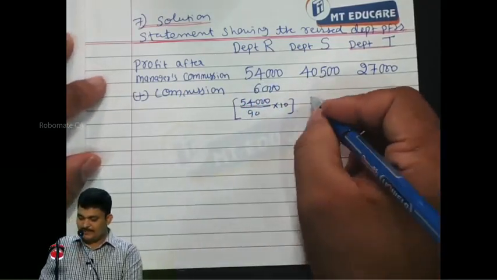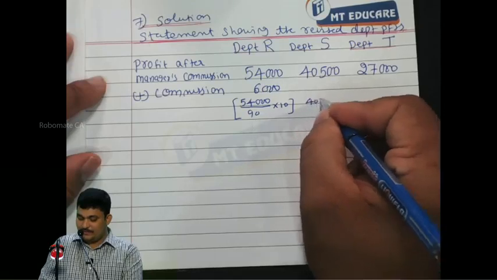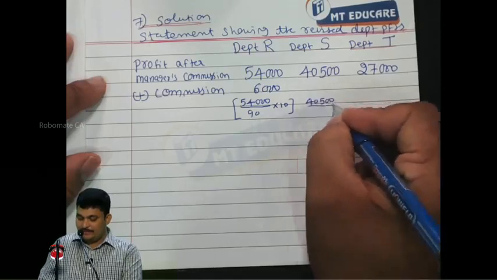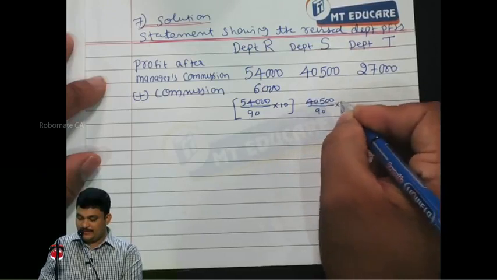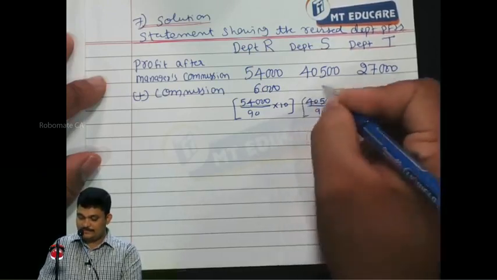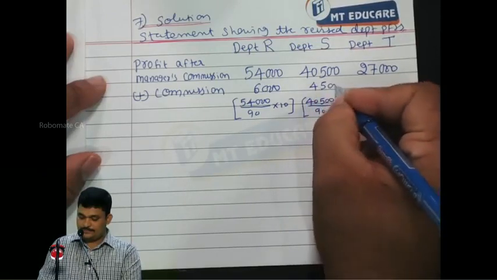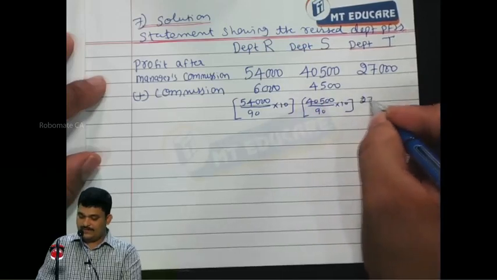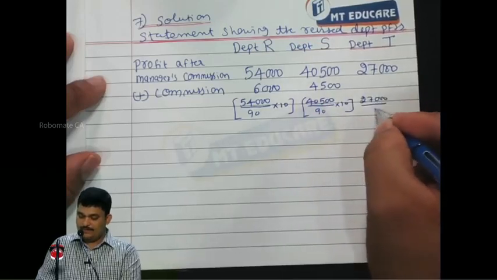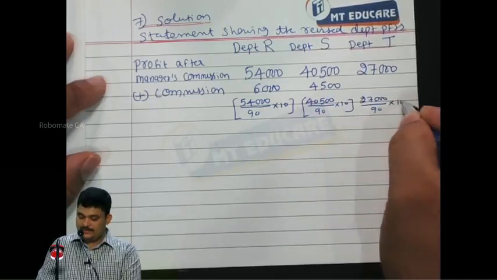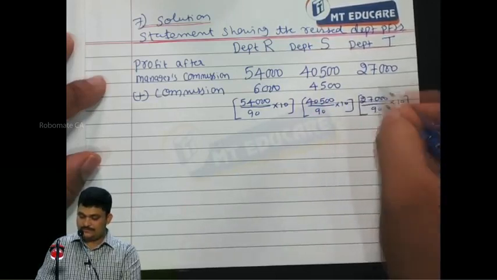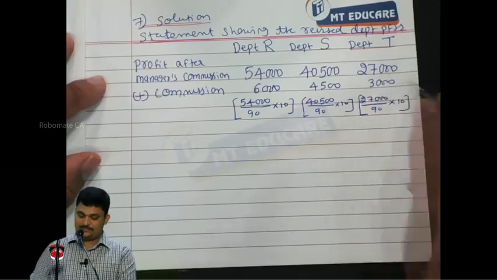Same, no explanation required. 40,500 by 90 into 10. 27,000 by 90 into 10. 3,000.